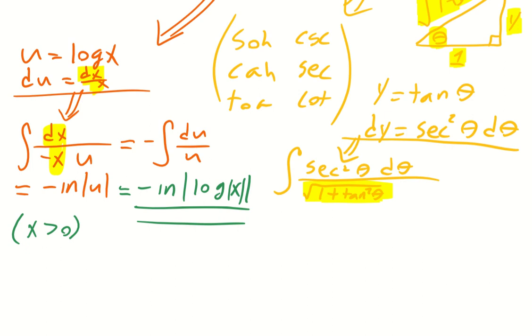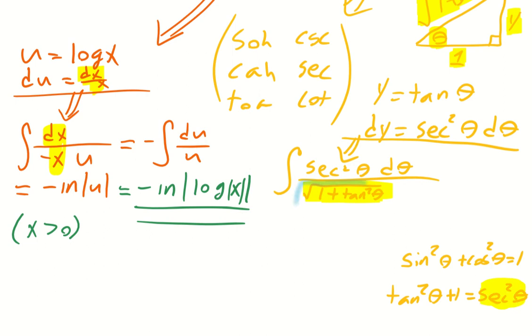We know our trig identities, that sine squared of theta plus cosine squared of theta is equal to 1. That just comes from the Pythagorean theorem. If we divide everything by cosine squared of theta, we get tangent squared of theta plus 1 is equal to the secant squared of theta. And we have 1 plus the tangent squared of theta, and that's just the secant squared of theta.